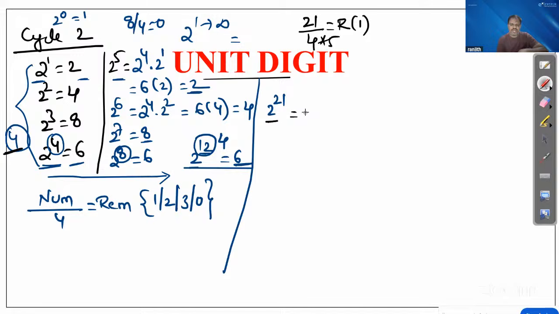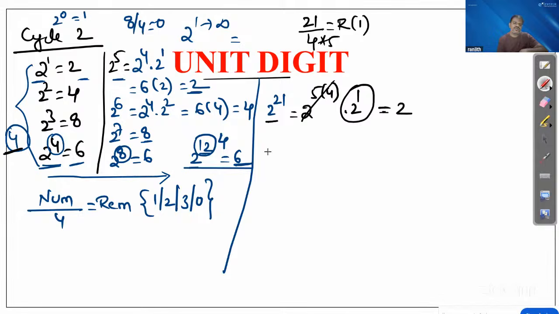After completing 5 cycles, the remainder is 1, so we can neglect those 5 rotations and check only 2 power 1. What is the value of 2 power 1? It is 2, that is the answer.